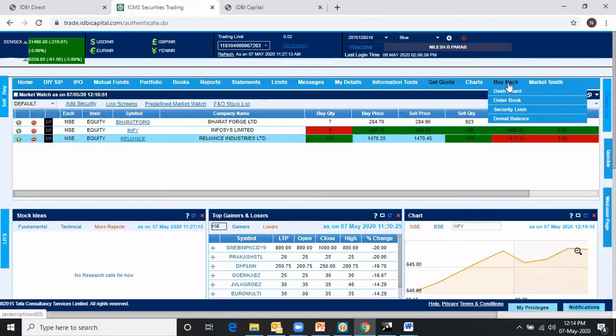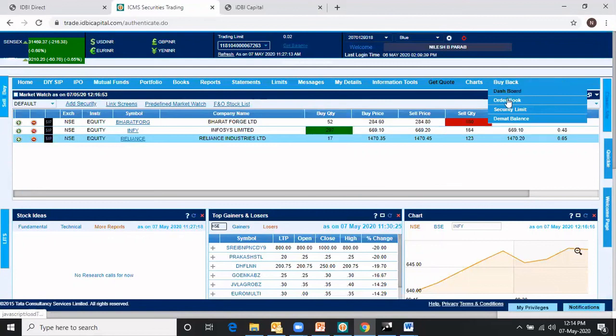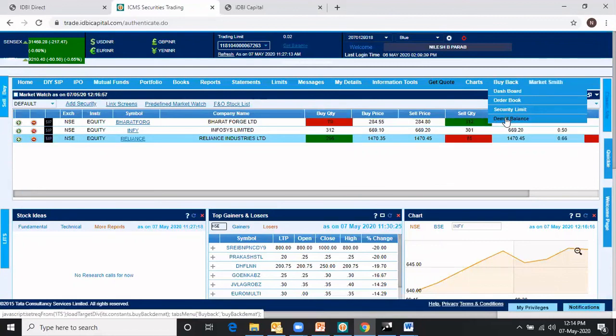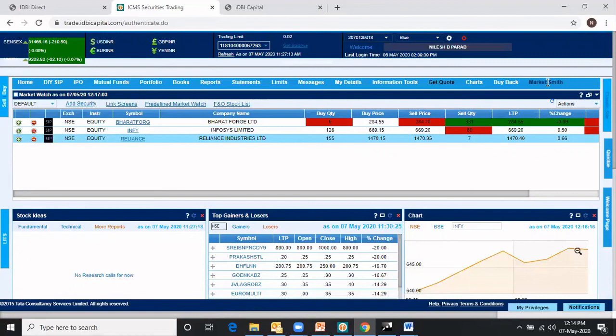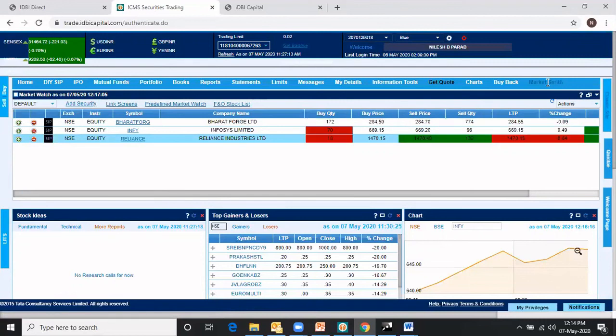Buyback of the shares we have also given here. Okay, you can push your buybacks from this. We have tied up with MarketSmith. For that, we have a different video. So MarketSmith is also one of the products which you can avail.